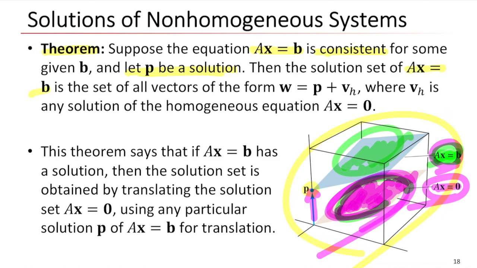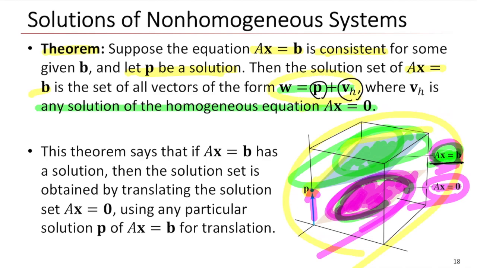Then the solution set of Ax = b is the set of all vectors of the form w = p + vh. So p is the particular solution of Ax = b, and vh is any solution of the homogeneous equation Ax = 0.